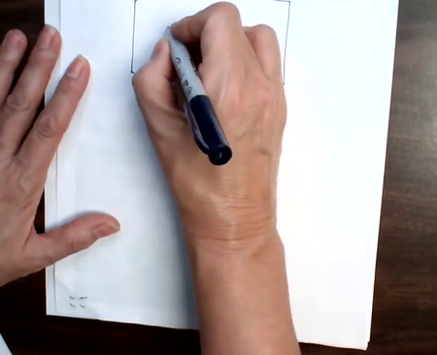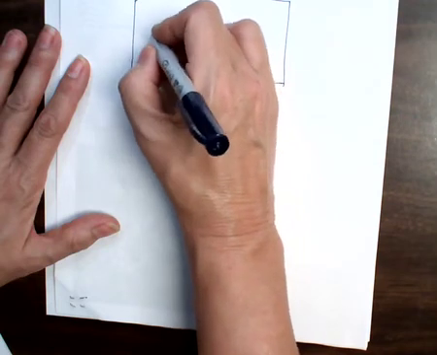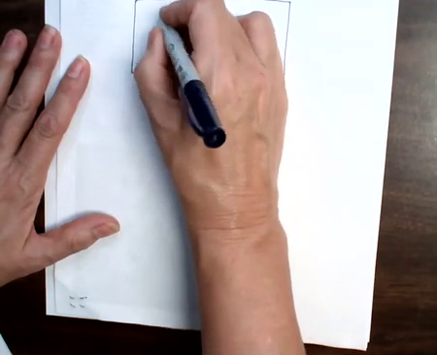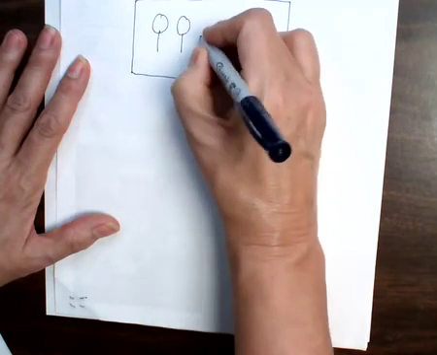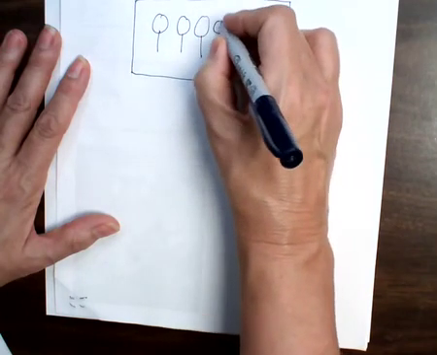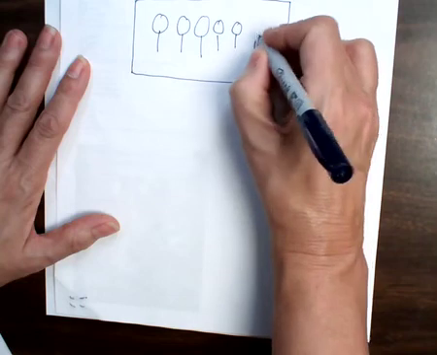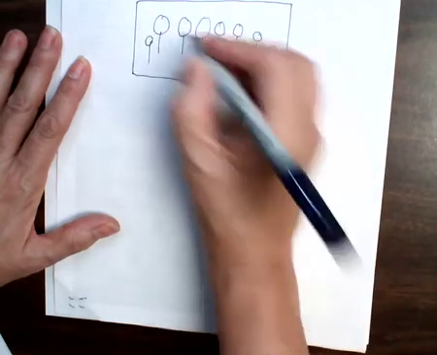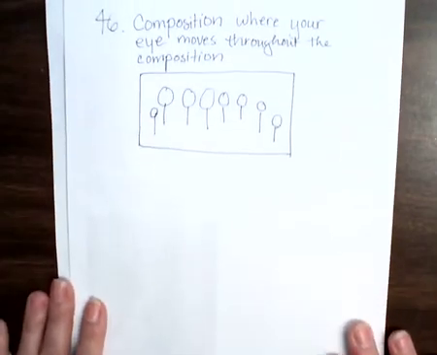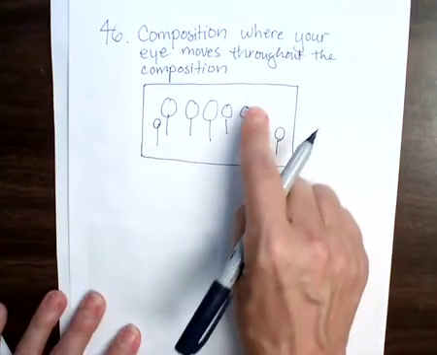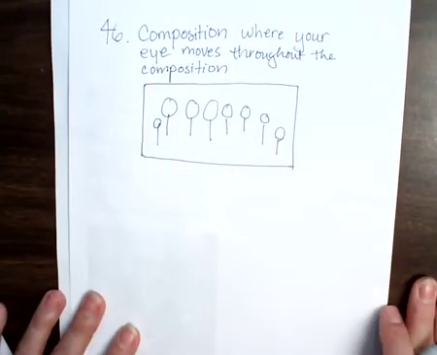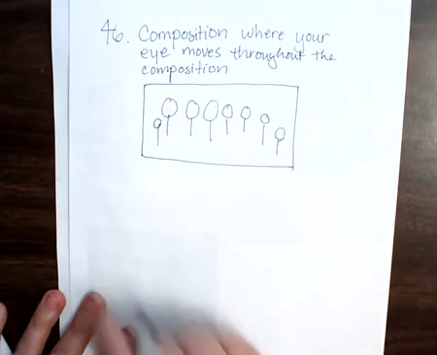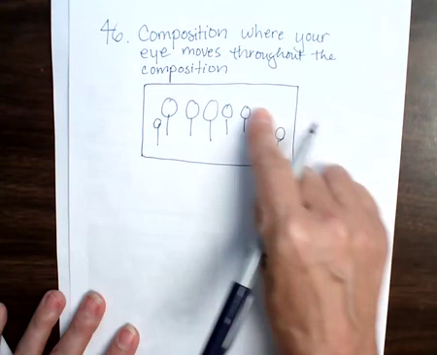So for example, repetition. Let me use repetition first. Let me keep this simple. They don't have to be all the same. I don't know what that is, but there's an example where because you've repeated that over and over again, your eye moves across the composition.